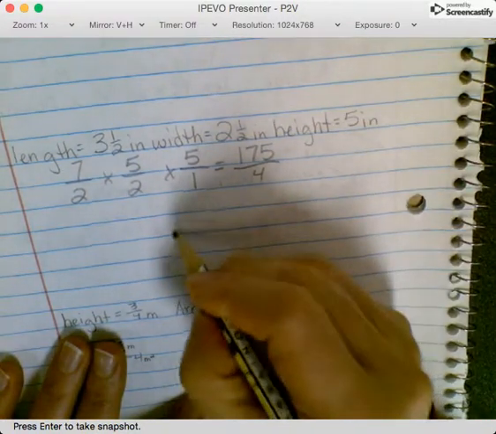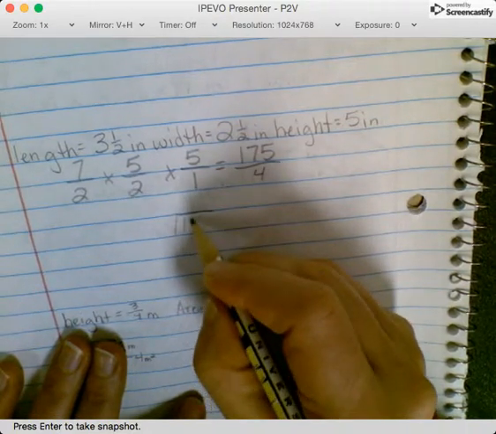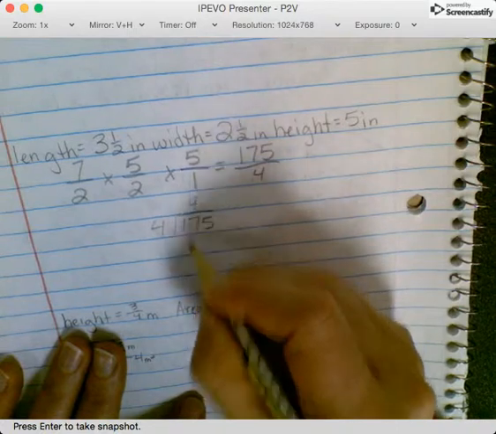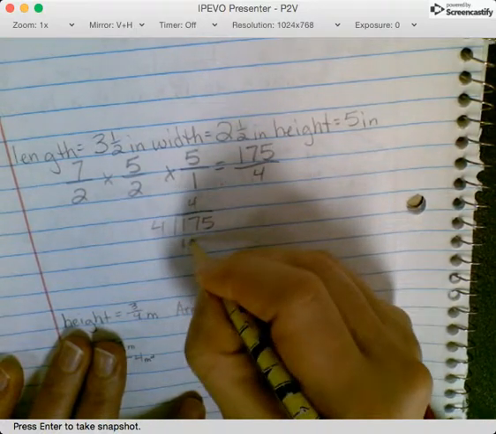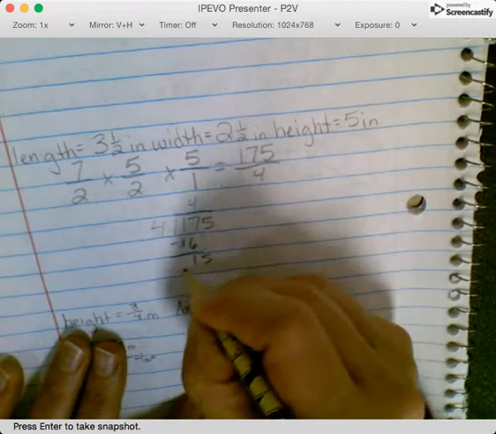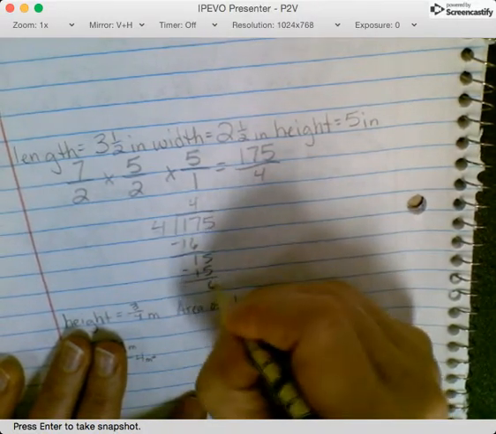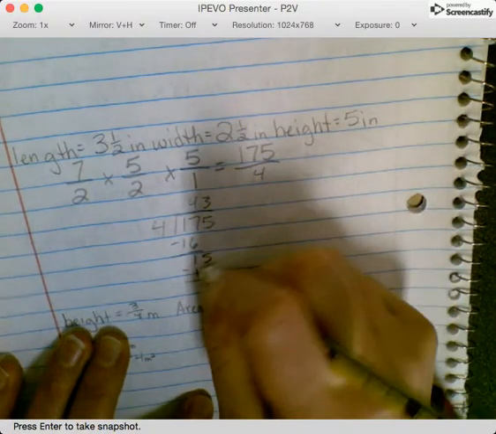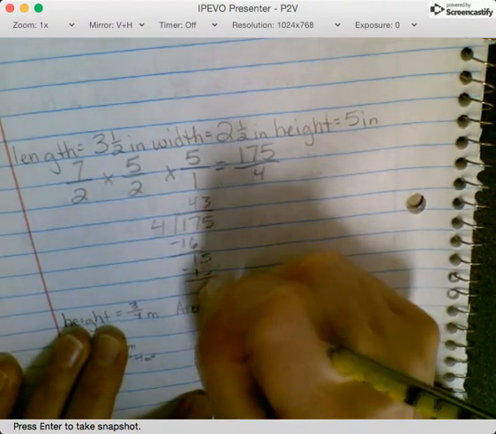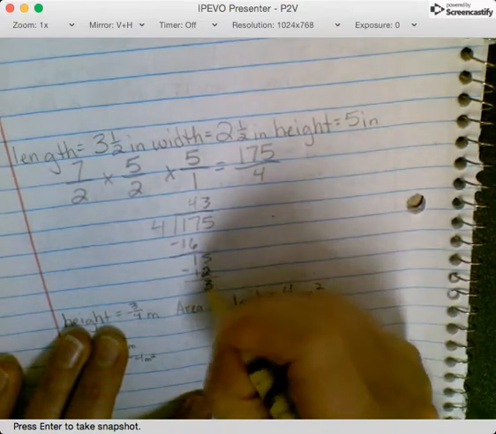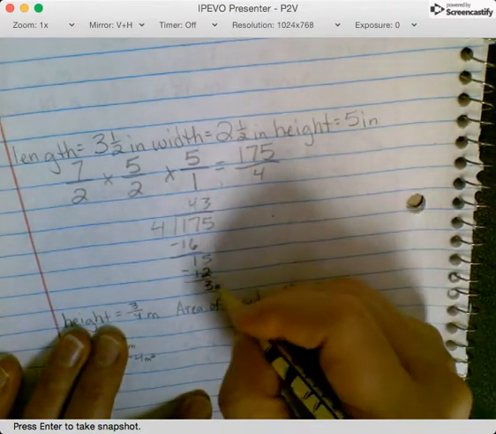And then if I did 175 divided by 4, I would get 43 with 3 left over.